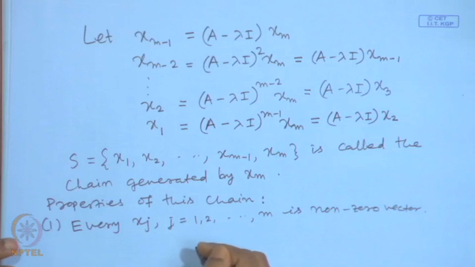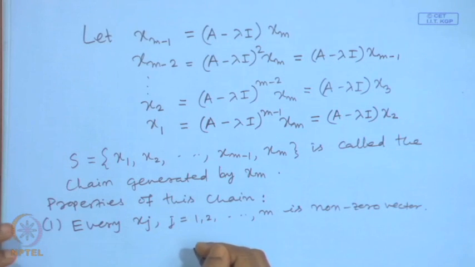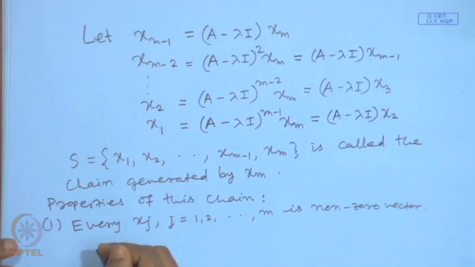This follows from the definition of the generalized eigenvector x m, because x m is a generalized eigenvector of type m.